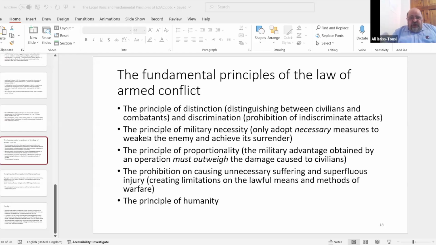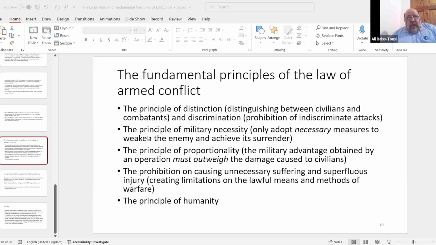And prohibition on causing unnecessary suffering and superfluous injury. What does this mean? It means limits on what means you can use and what methods you can use in your armed conflict. So, chemical weapons.